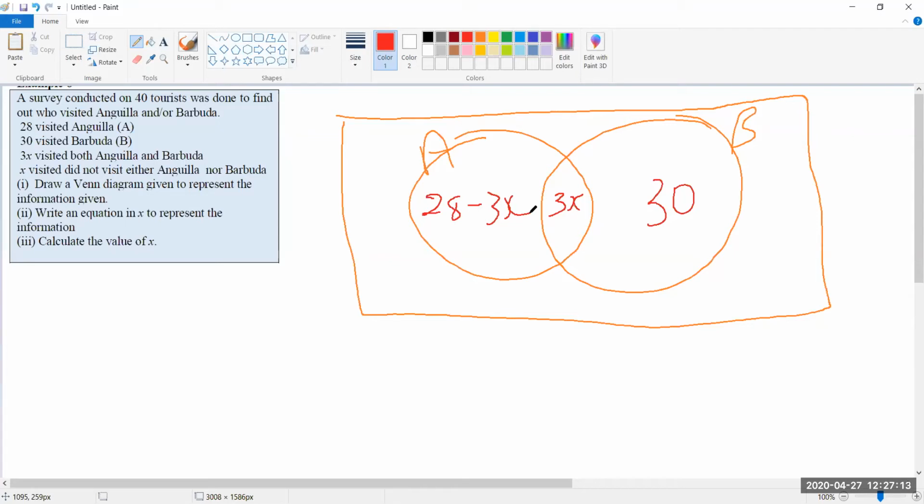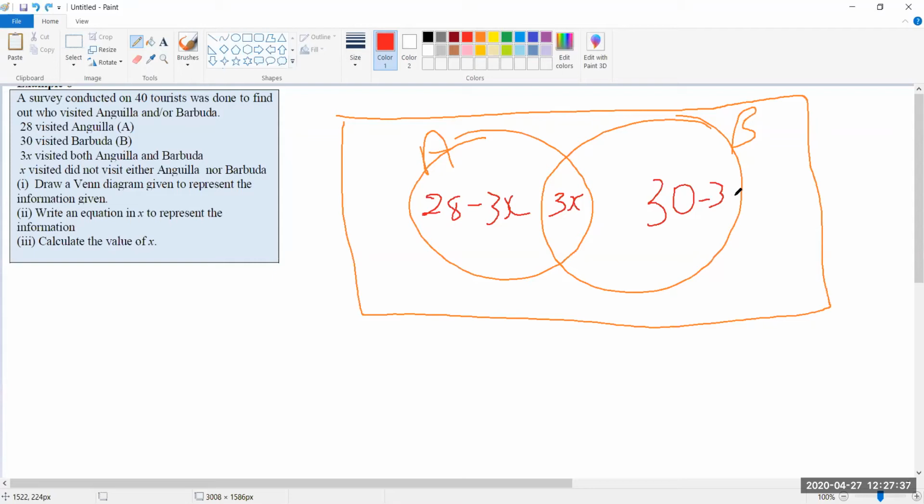Similarly, if you want to find out how many tourists visited Barbuda only, it will be 30, because remember 30 is the total amount that visited Barbuda. So remember, of this 30, 3X visited Anguilla as well. But if you want to find out how many visited Barbuda only, it will be 30 minus the 3X.